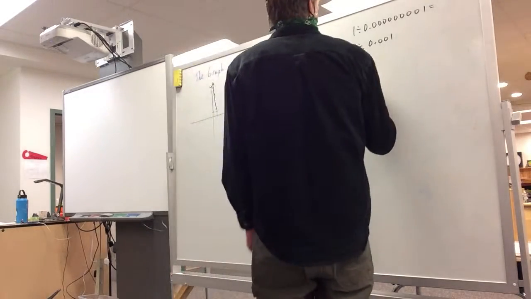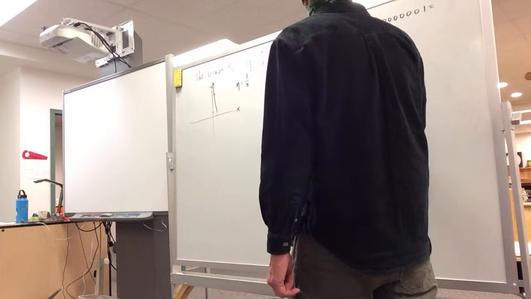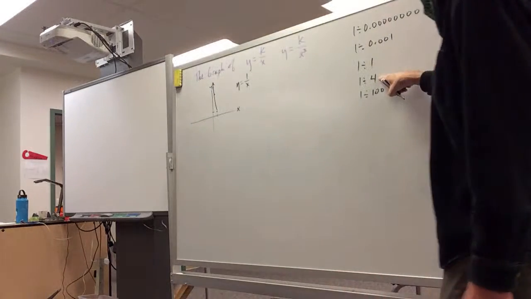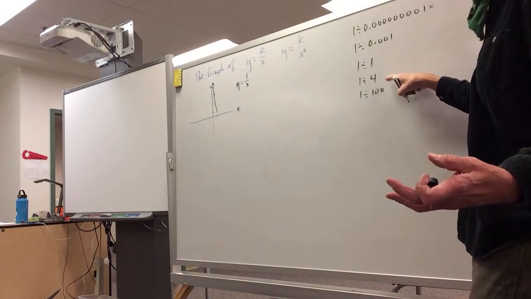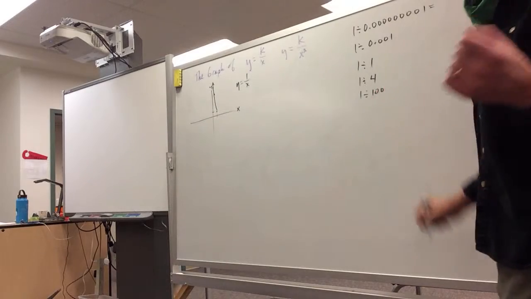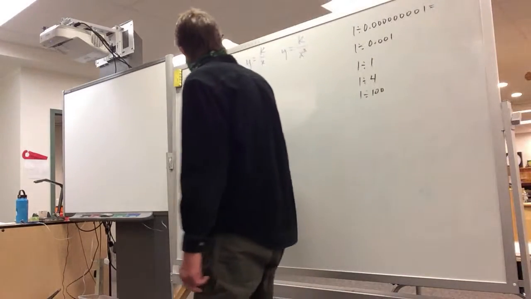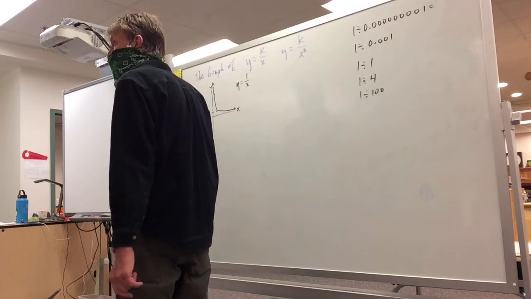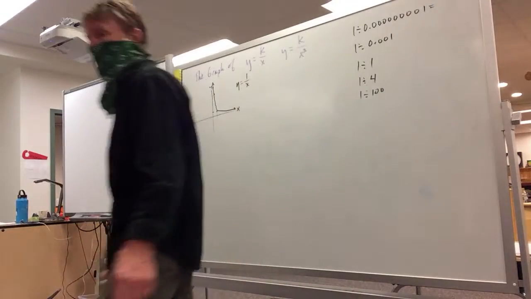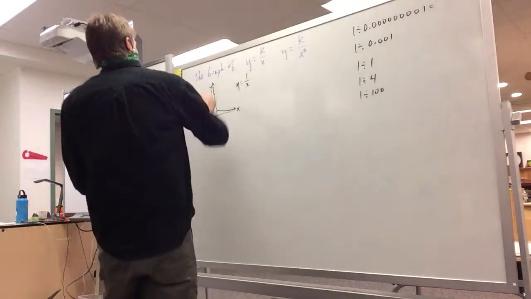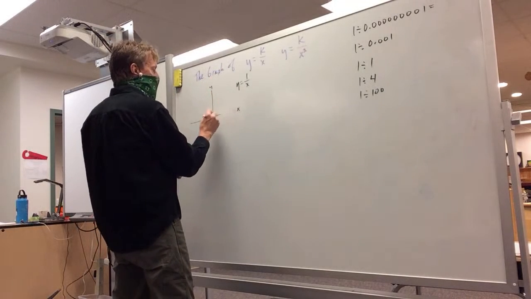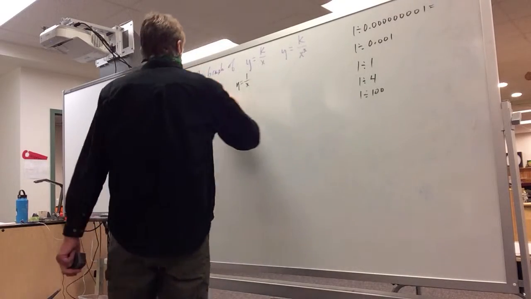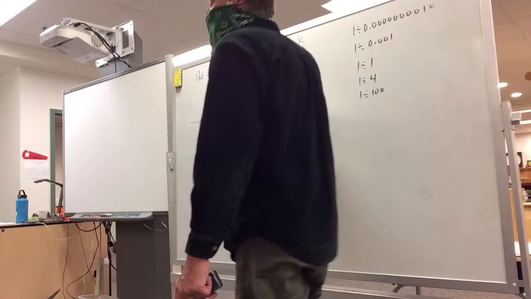As we divide by larger and larger numbers, 1 divided by 4 is going to be a small number, and 1 divided by 100 is going to be even smaller. So as we move further out the x-axis, the values get smaller and smaller. That's not a real pretty line. If I make it a little bit nicer, this is the general shape of the graph. It's going to curve down, and it's going to flatten out.